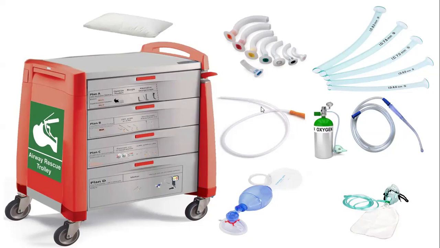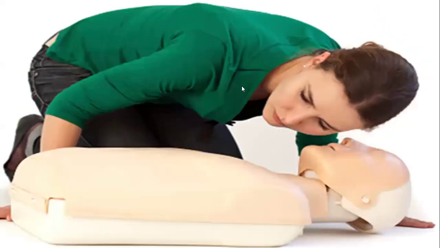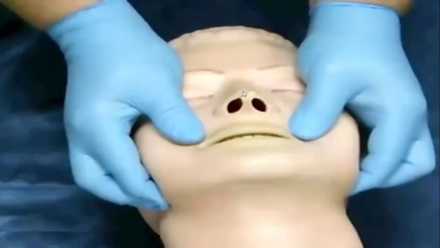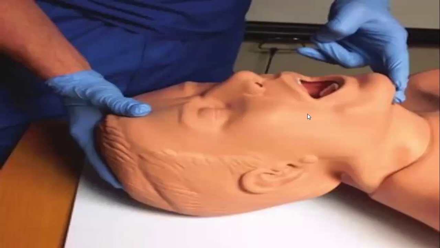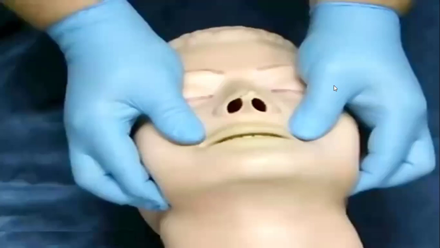So for the oropharyngeal airway, when you are teaching, you will go for the opening airway maneuver, head tilt, chin lift, okay? And if the patient has trauma, jaw thrust.